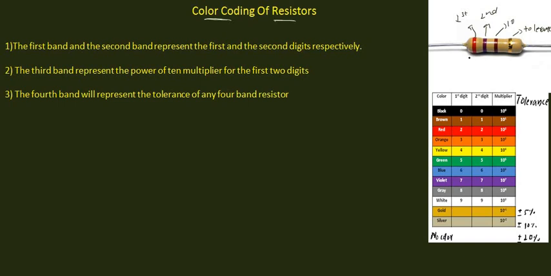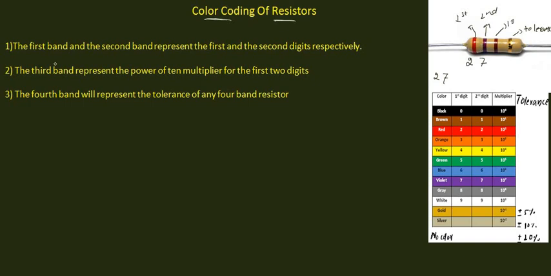So the first number is 2, and the second color band is violet, which is associated with 7. So we can write down this 2 and 7 as 27.